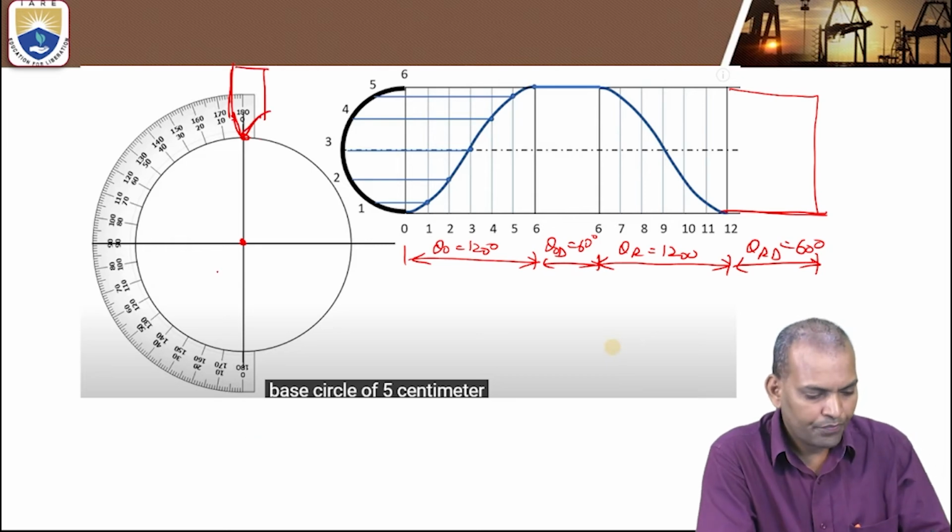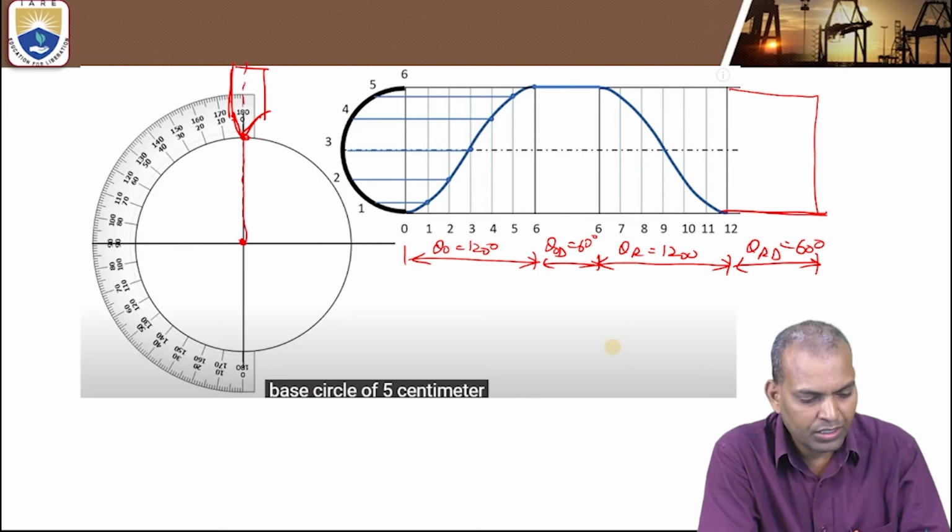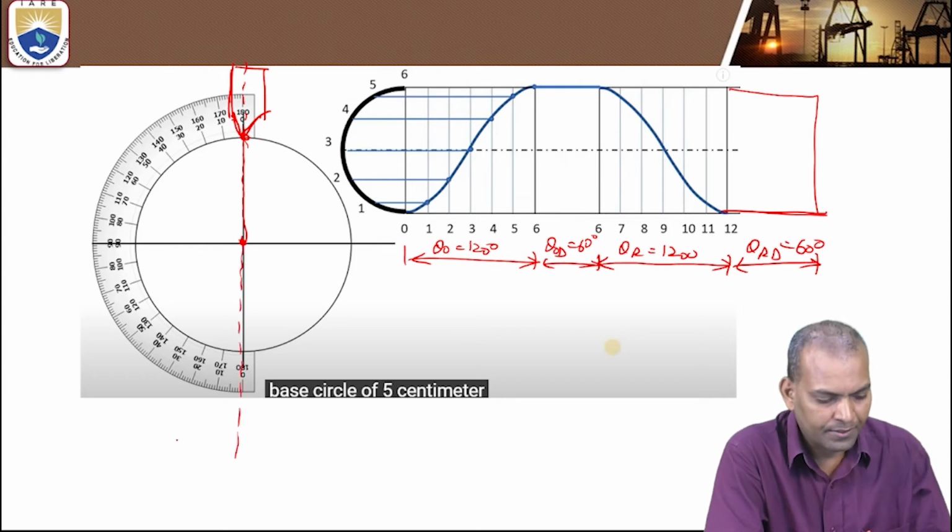Then what to do? Divide this portion by theta. The axis of the follower is passing through the center of the cam. That is what we assumed here.